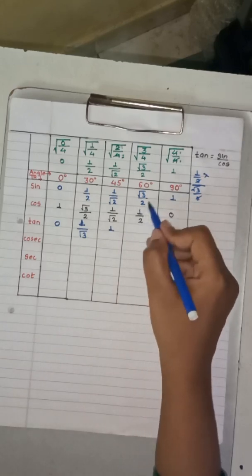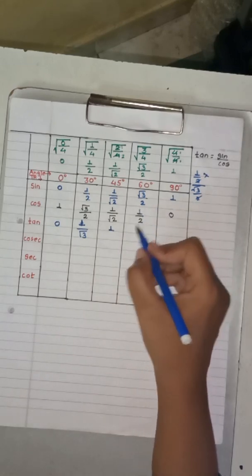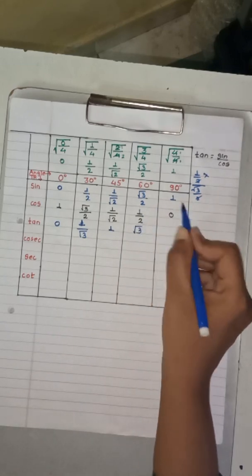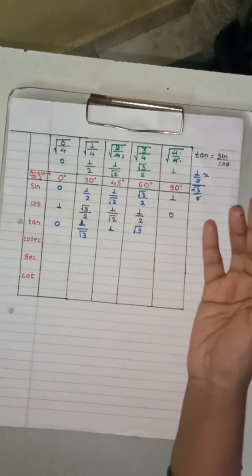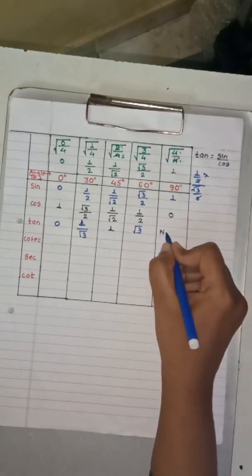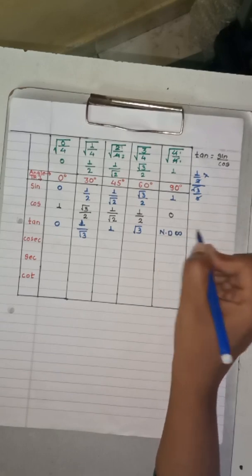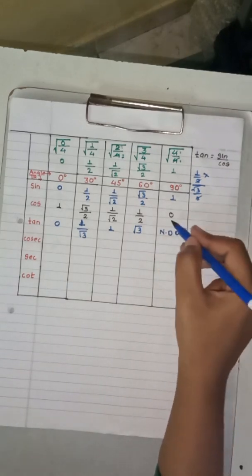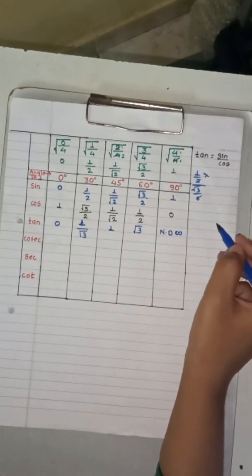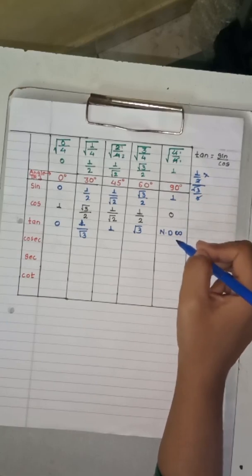Here also 2 will get cancelled and you will have here root 3. But 1 upon 0 is what, that you cannot tell, it is not defined or infinite, as division by 0 is not defined, therefore 1 upon 0 will be not defined.